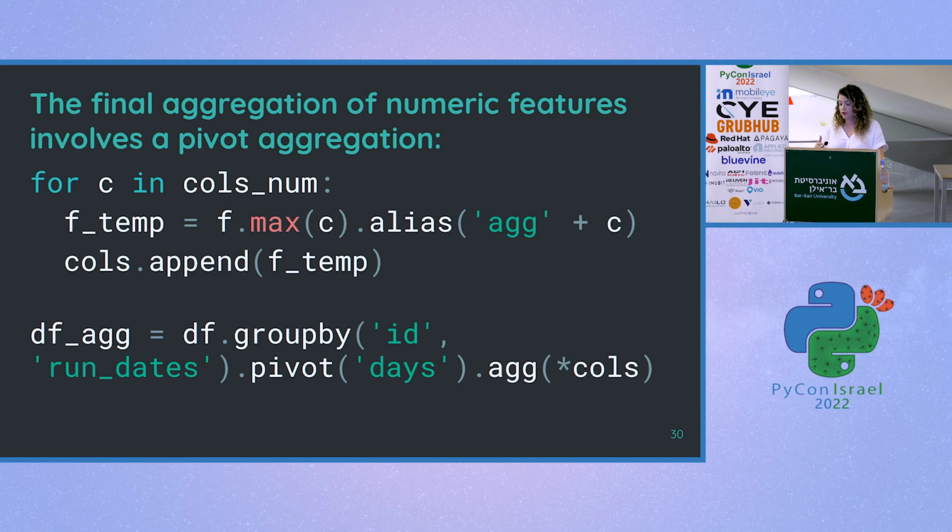It can be different kinds of aggregations: the average, the max, the minimum, whatever it is you want to model. It doesn't really matter. You're supposed to experiment with your data to see which features are more predictive in your specific case.